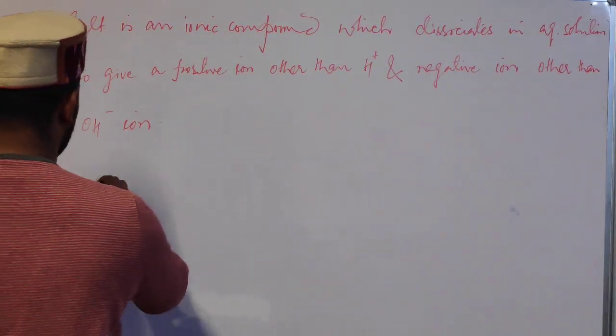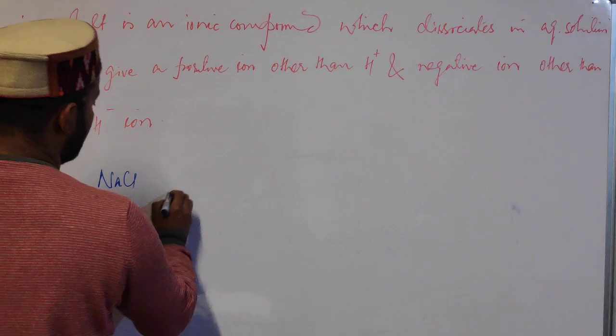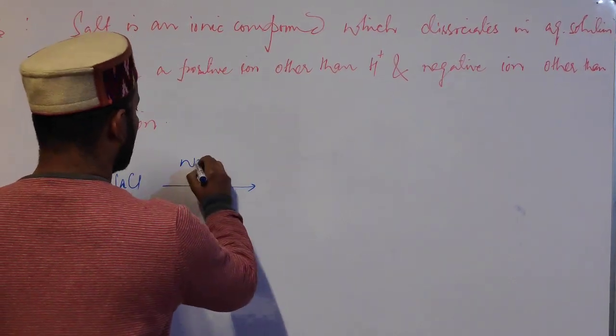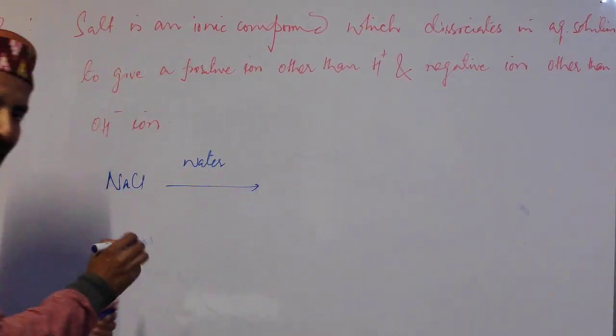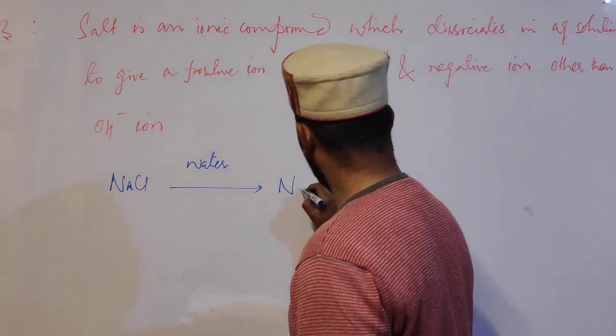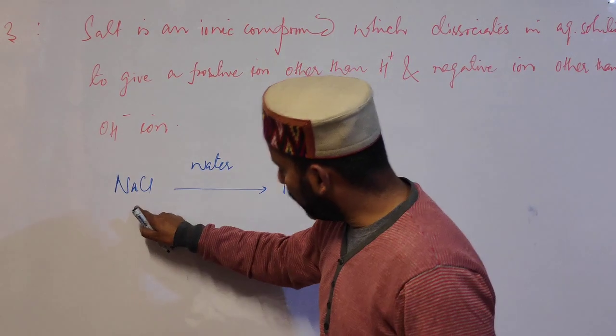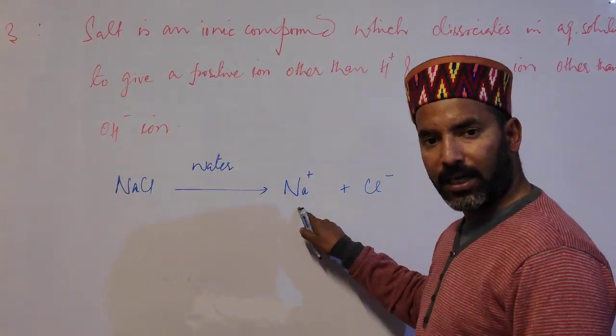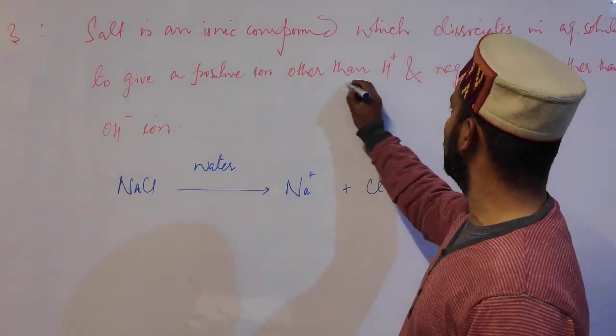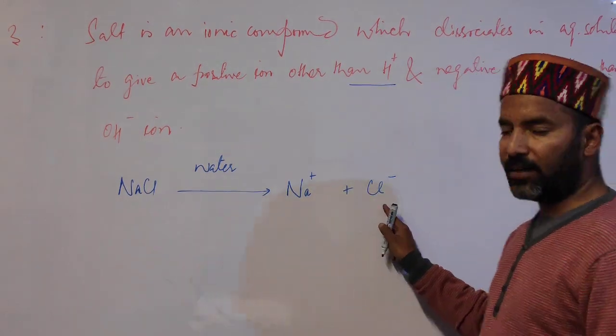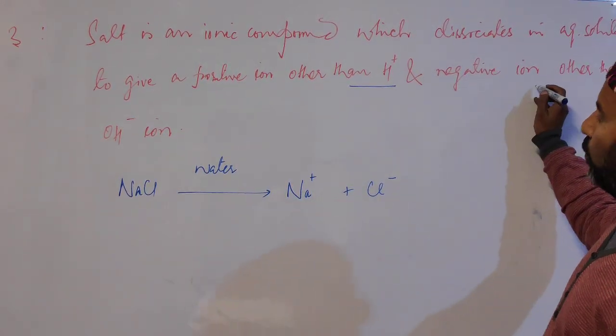For example, say again I am taking sodium chloride, and students, sodium chloride dissolves in water and dissociates to give what? Sodium and chloride ion. So sodium chloride is giving a cation, that is a positive ion other than H positive, and a negative ion other than OH negative ion.